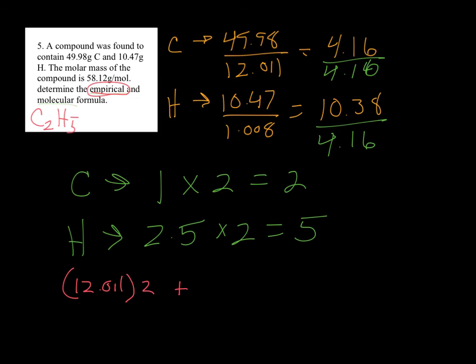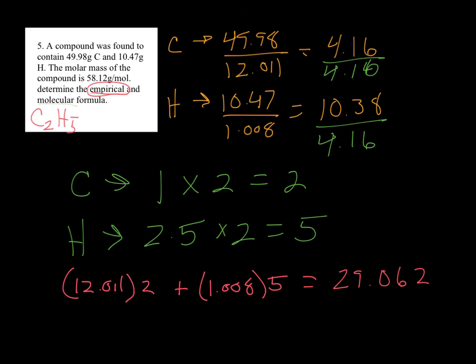And then I have to add that to the mass of hydrogen, 1.008, and multiply that by 5 because there are 5 of them. So when I do that, I get an answer of 29.062. So this is my mass of my empirical formula.